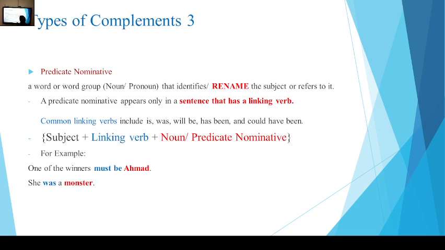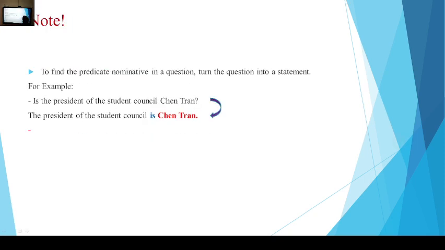She was a monster. The linking verb here is was. After the linking verb, you have a noun, which is monster. So monster is a predicate nominative. It identifies the subject she. To find a predicate nominative in a question, turn the question into a statement.